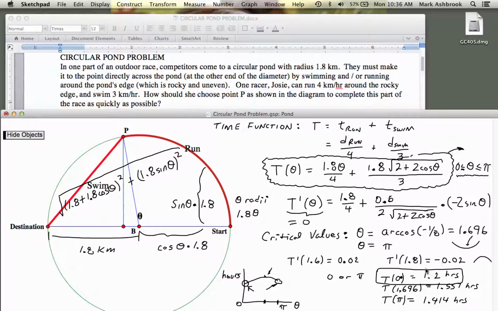If we were looking for the least value, it would be at the starting value of the domain, which was not a critical point. We did not get 0 for a critical value. And then the maximum time would be at this critical value at the local max of 1.557 hours that it would take to complete that part of the race by choosing that angle.